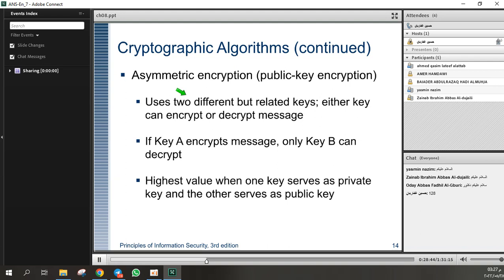And then on the other side, Alice must decrypt the message using her secret key. I'm using Alice's public key. Alice would decrypt the message using her private key.